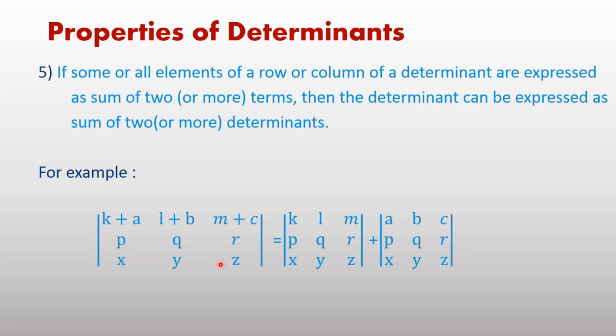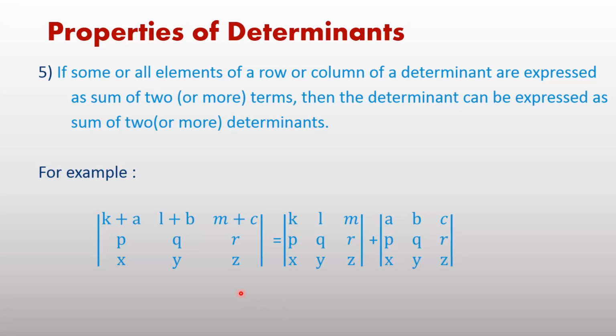The second row and third row are not written as a sum of two numbers. So we can write it as the sum of two determinants in which the second row and third row remain the same, no change. But in the first row, in the first determinant write the first elements k, l, m, plus a second determinant with a, b, c, the second elements.